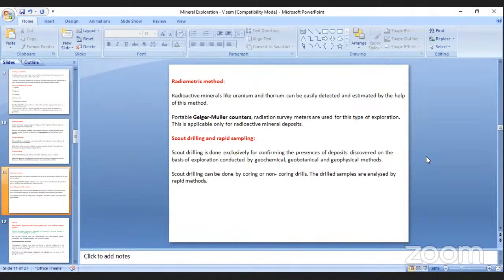For that purpose, if you want to identify radiogenic deposits or a radioactive mineralization deposit, for example uranium or thorium deposits in a certain area, then we can use radiometric analysis, a radiometric survey.